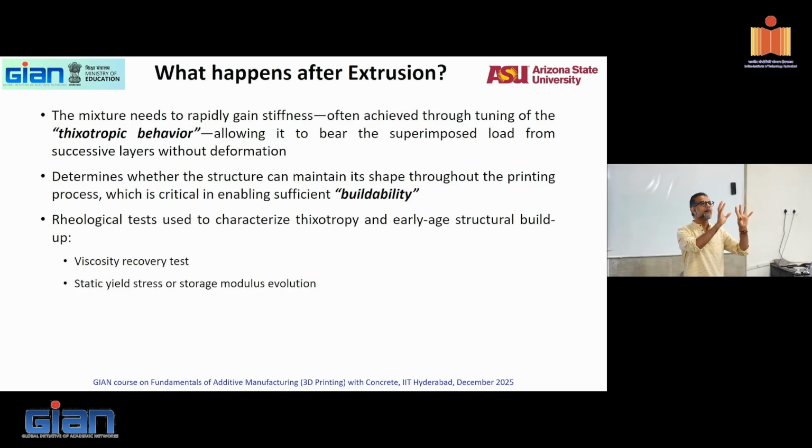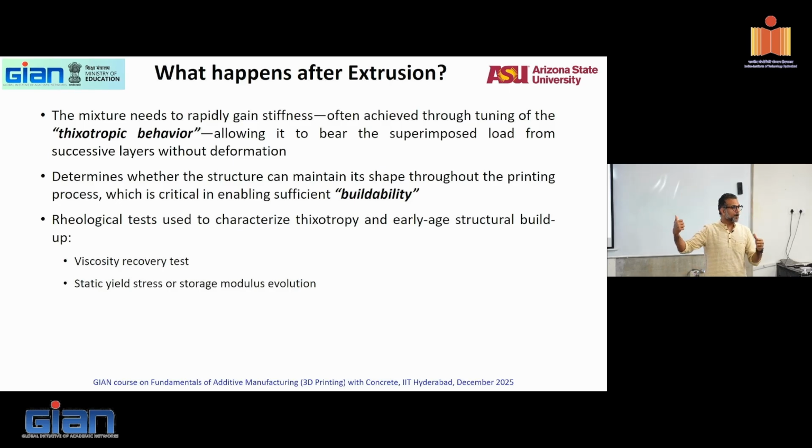Yield stress, plastic viscosity. From those tests, you derive these properties, which now have some relation to your extrudability and buildability. You see that? Yield stress and plastic viscosity are indirect indicators. Thixotropic behavior are direct indicators of extrudability and buildability. You get some more clarity in the properties that you measure to understand what your material is doing.